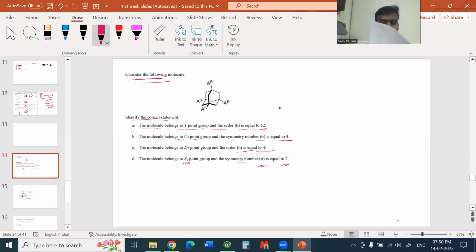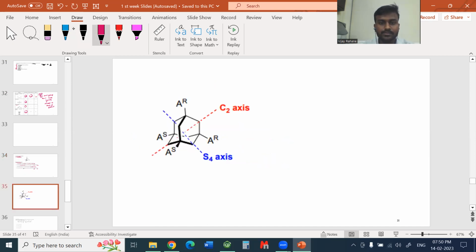Firstly, we need to draw the structure and visualize whatever elements of symmetry are present in this molecule. So let's draw the molecule. I have previously drawn it, so we can save time.